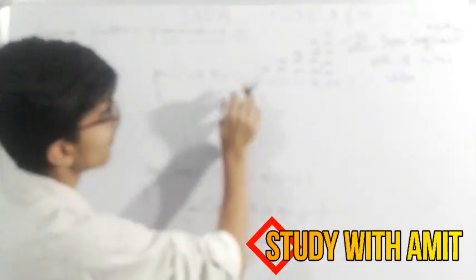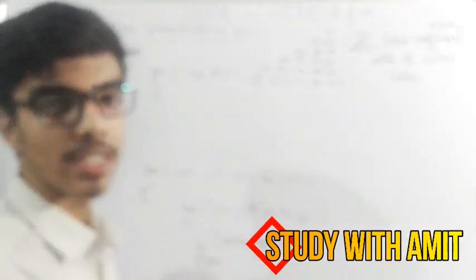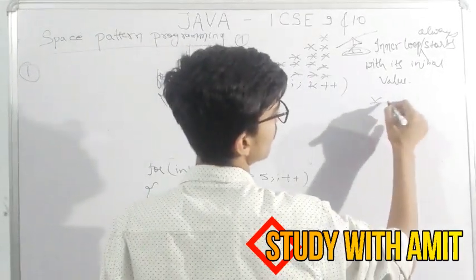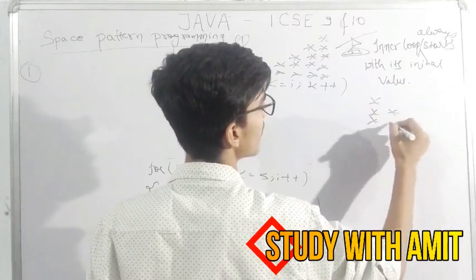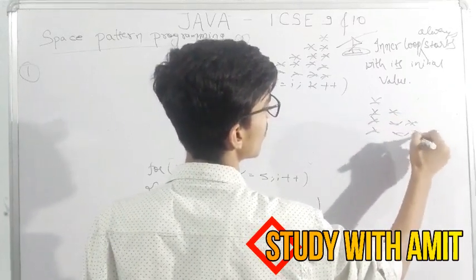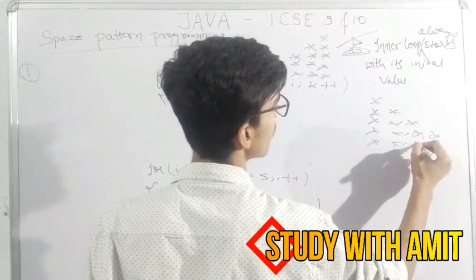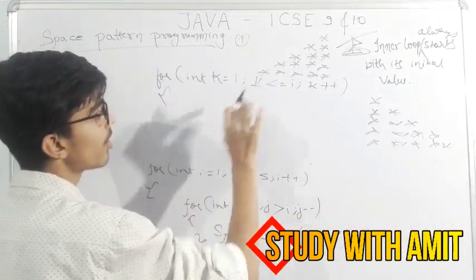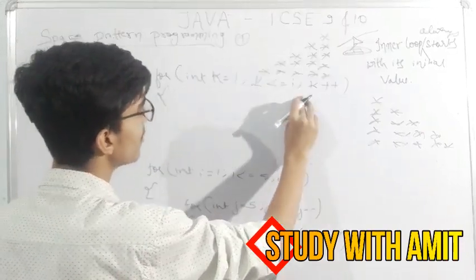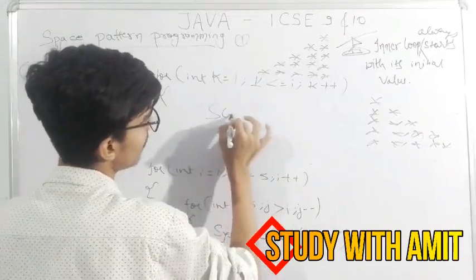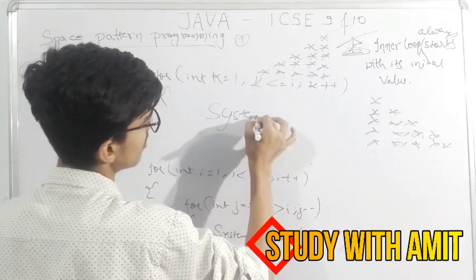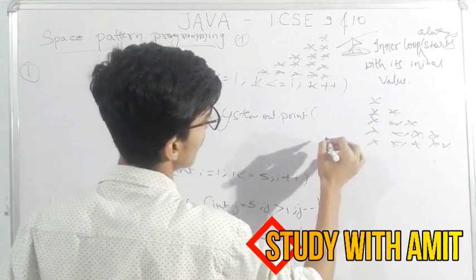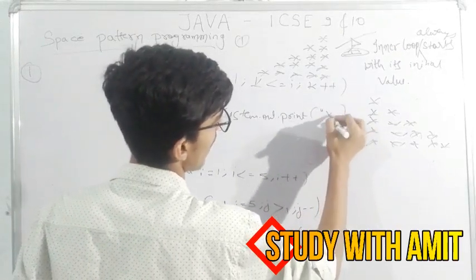Now we have written this. Now what do we have to print? We know the same program as it was there for this one, same program will be here. So for this there was this loop, and inside this we will print asterisk.